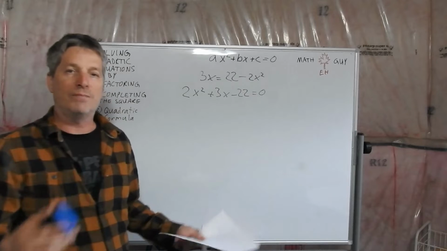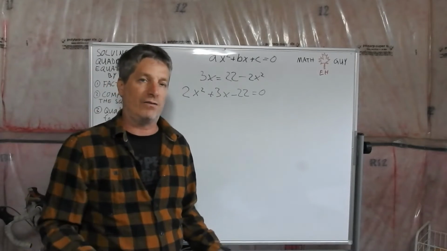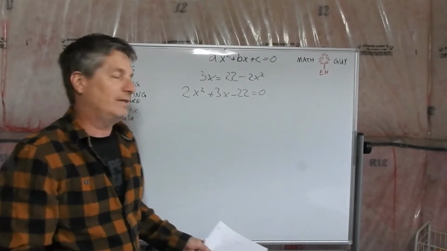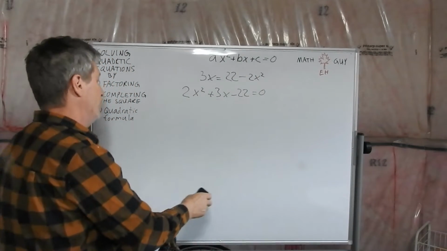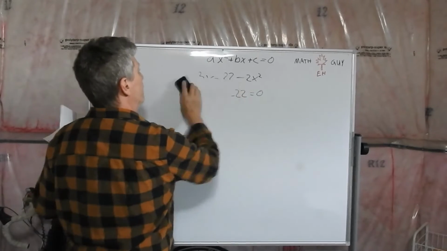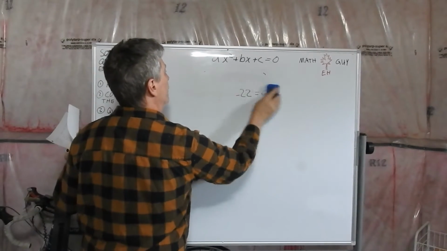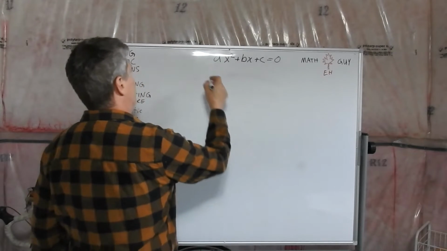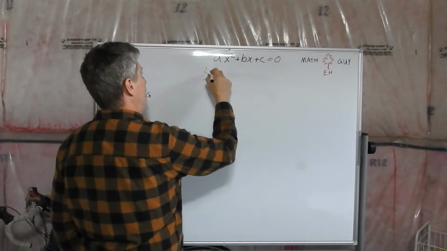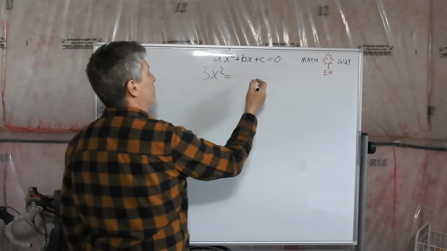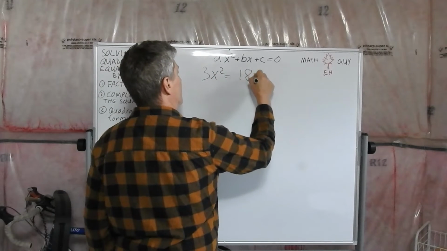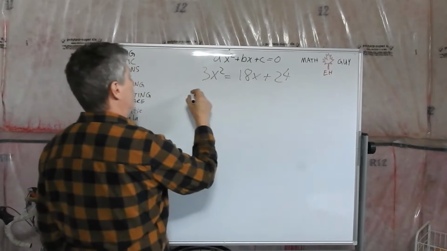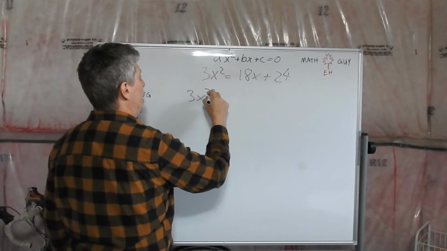A lot of times in the problems you're going to deal with in your math courses, they aren't going to give you the equation in that form. They'll probably want you to put it in this form. Just another example that you might see is an equation like 3x squared equals 18x plus 24. Again, you'd want to bring it all to one side.